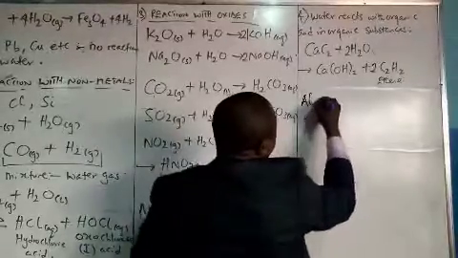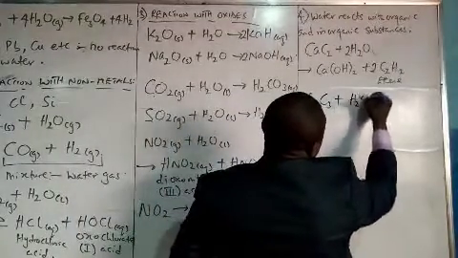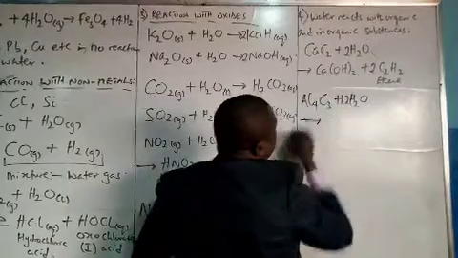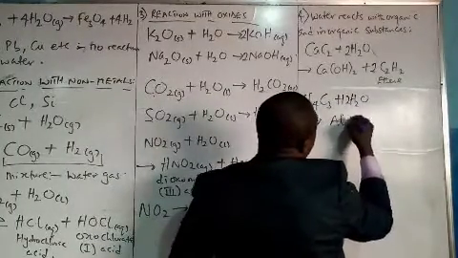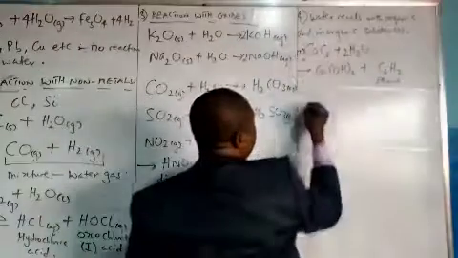If you take the example of the next one, it is aluminum carbide, which reacts with water, and that will give us aluminum hydroxide. That is the first example. Look at the second example.